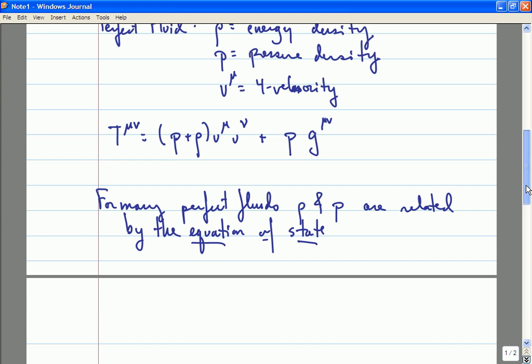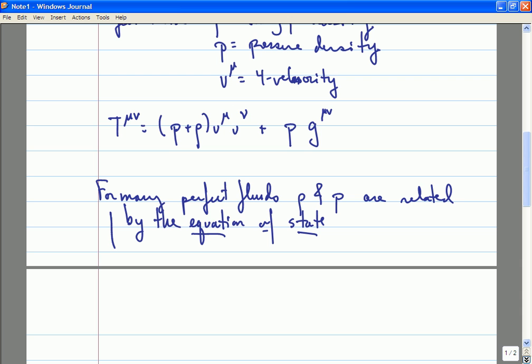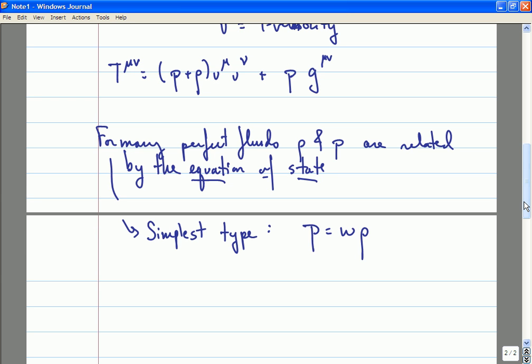And the simplest sort of equation of state is the equation that we will consider in this class, which is linear, where the pressure is proportional to the energy density, with some constant of proportionality W that's just a number that is known as the equation of state parameter. Okay, that's not a very creative name for the parameter W, but I've never actually seen it called anything else.